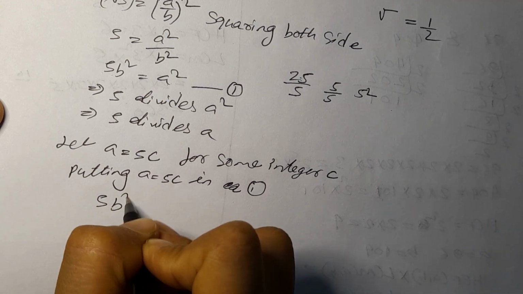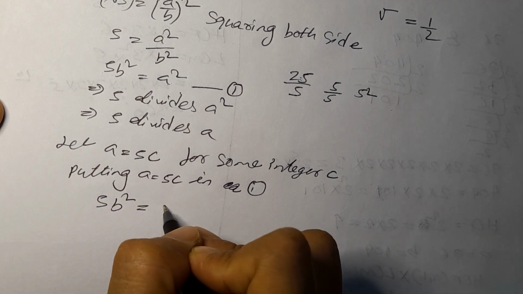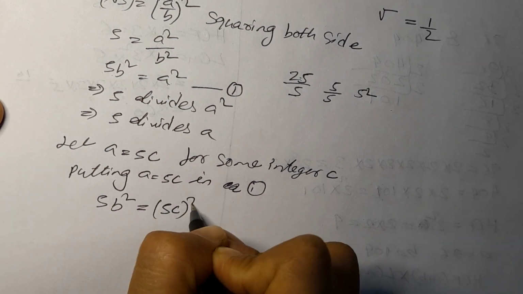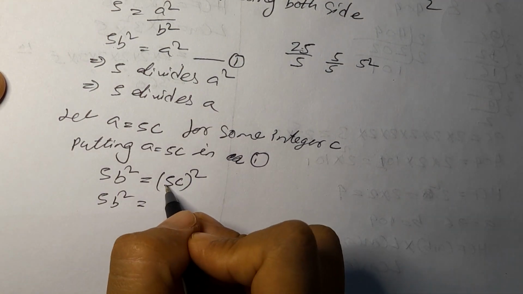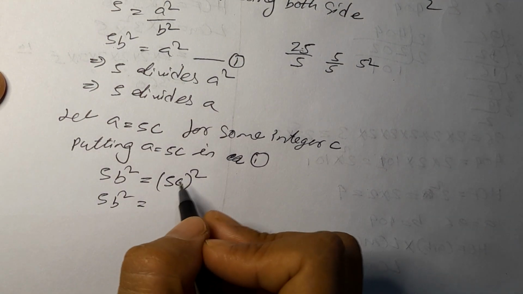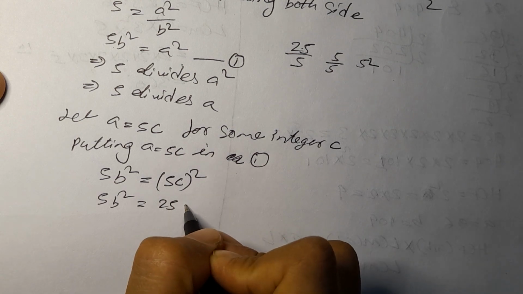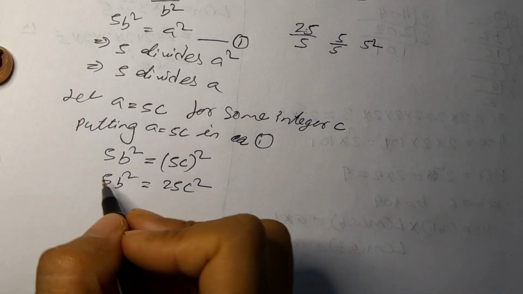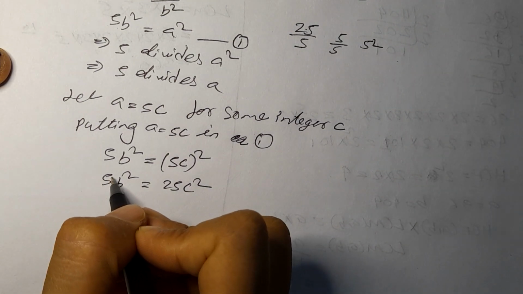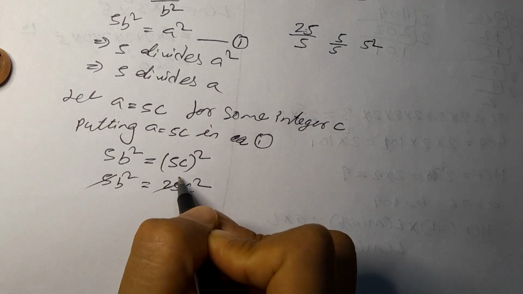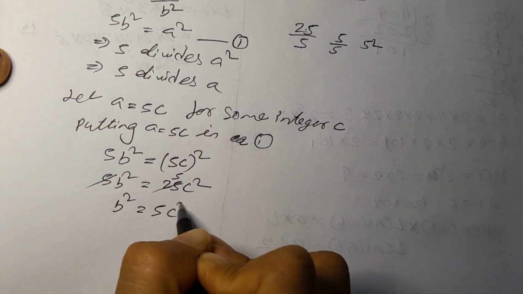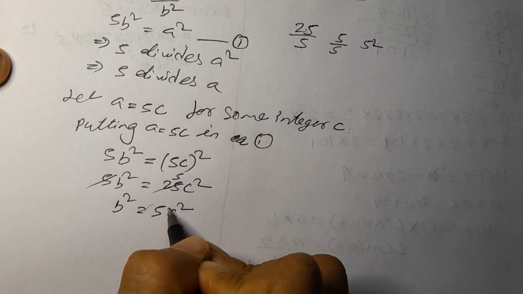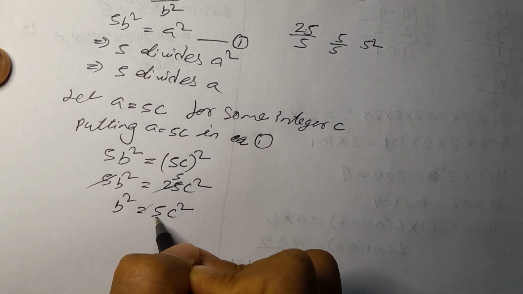So 5b square is equal to, instead of a, 5c, now whole square. 5b square is equal to 25 c square. Now this is divisible by 5, so eliminate 5: 5 ones are 5, 5 fives are 25. So we got b square equal to 5 c square. Now this is divisible by 5, because here 5 is there.